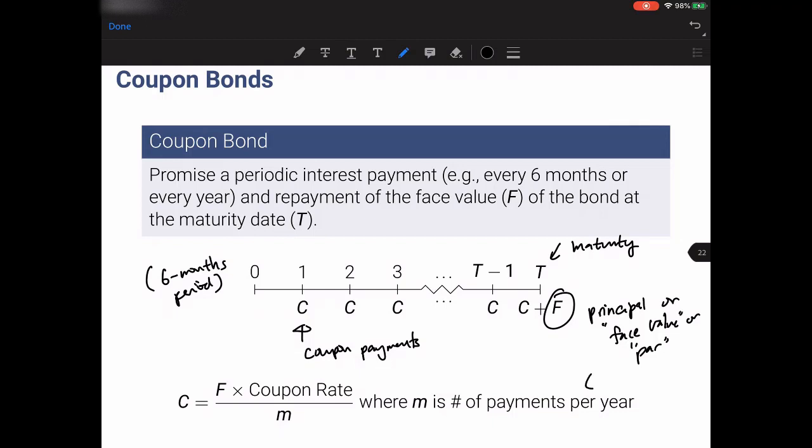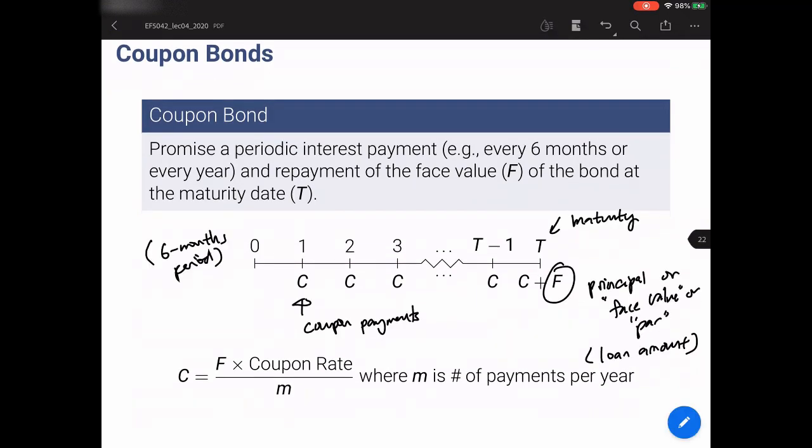And to be precise, this is also called the loan amount. Okay, and to figure out what your coupon payments look like, we simply take the principal value, multiply by something called the coupon rate, and divide by M, which is the number of payments per year. So I will give you an example of what that looks like in a few slides.